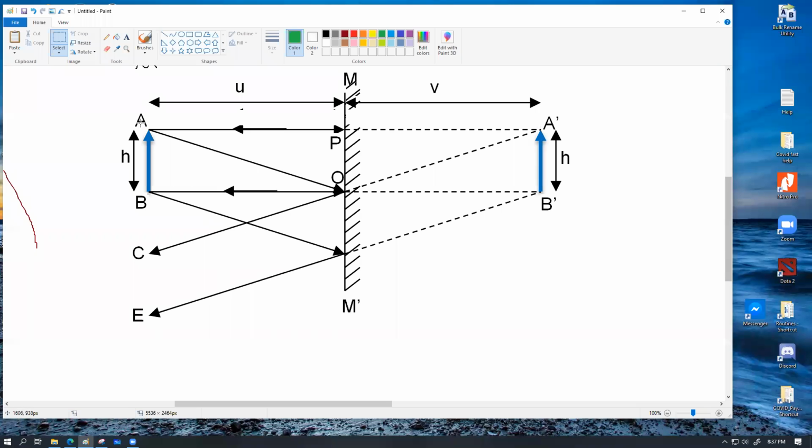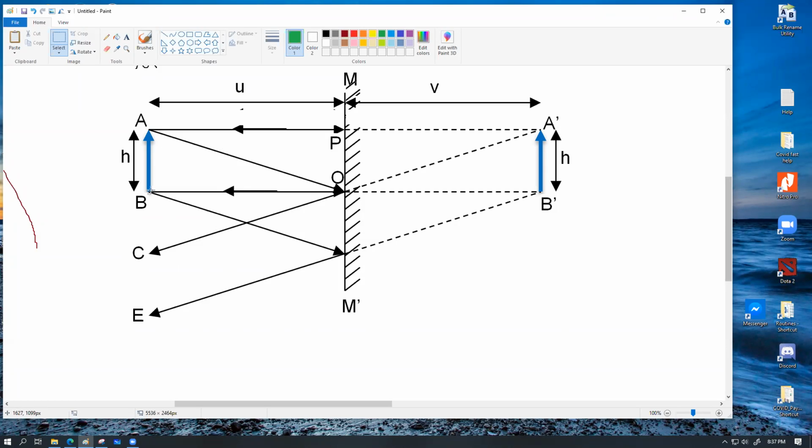Then another ray was drawn from A to Q, and that ray fell over here, and this was the reflected ray coming to C. And these two light rays are extended backwards. So CO and AP extended backwards give us the cross point A prime, which happens to be the image of A.